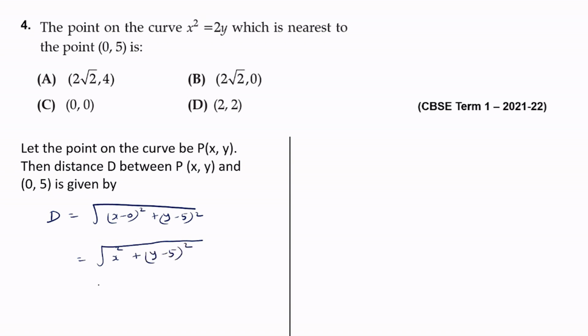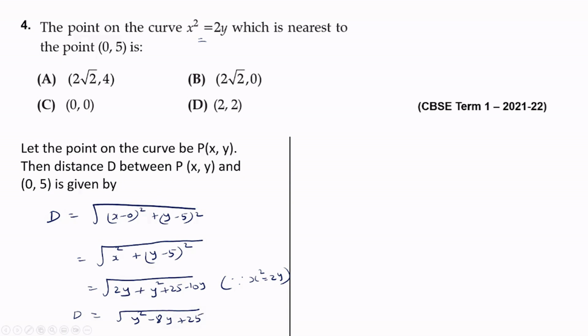Now with this x square, it is nothing but it is equal to 2y. So this is root of 2y plus this, let us expand. Y minus 5 the whole square is y square plus 25 minus 10y. This is since x square equal to 2y. So from this we have d equal to root of y square minus 8y plus 25.